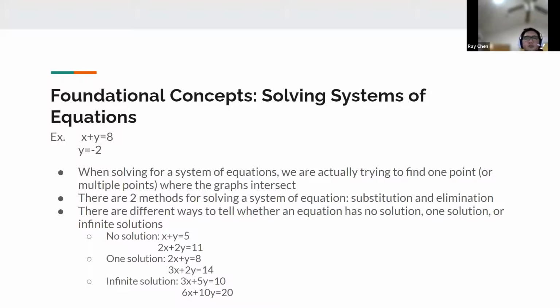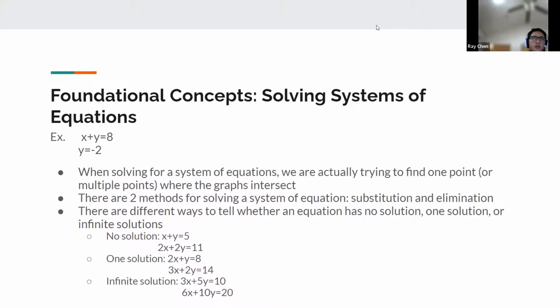So there are two methods for solving a system of equations. There's the substitution method and the elimination method, which we'll get into later. There are also different ways to tell whether a system has no solution, one solution, or infinitely many solutions. So if you look at the three examples on the bottom, no solution: if you have x plus y equals 5, and then you have 2x plus 2y equals 11.